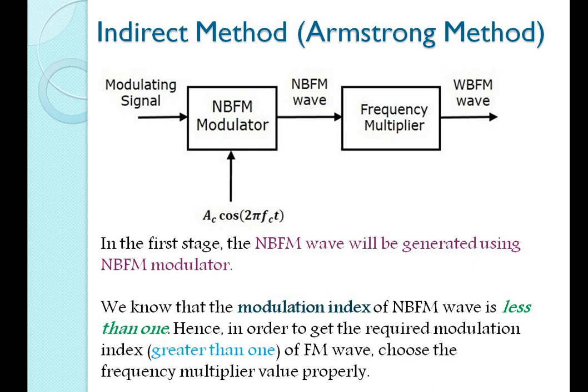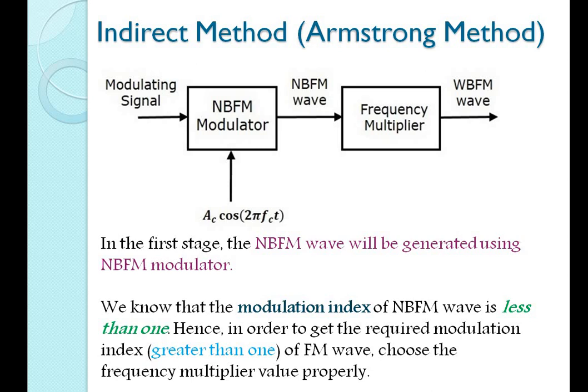In the first stage, the narrow band frequency modulated wave is generated using a narrow band frequency modulator, and we know the modulation index should be less than 1 for narrow band. For wide band frequency modulation, beta should be greater than 1.